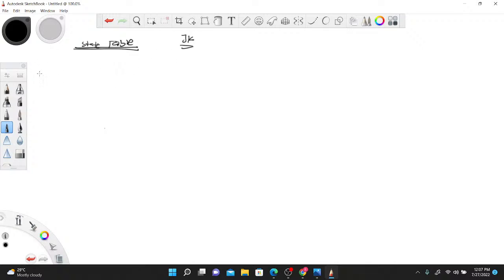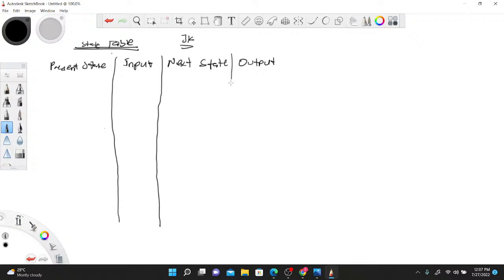So now let's talk about the overall state table. If you remember, we talked about it as present state, then input, the next state, then output.